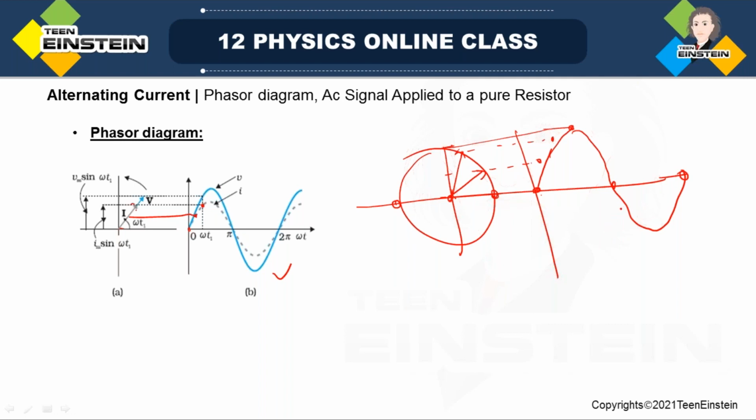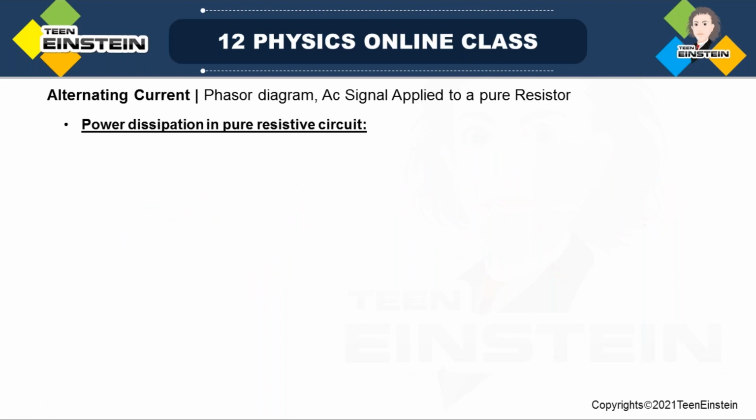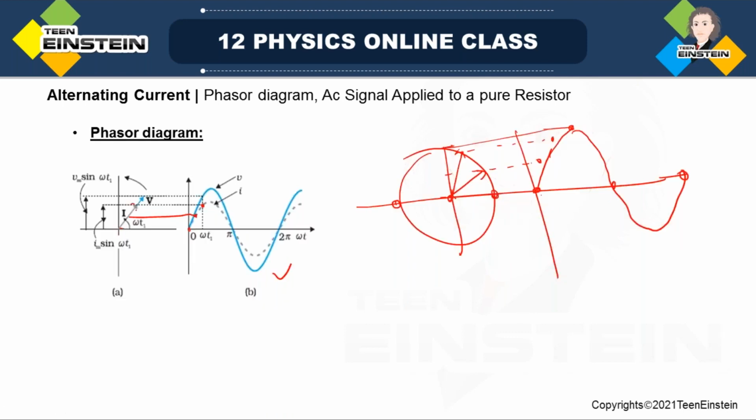Okay, I think you have understood how. Look, if you are asked to draw the phasor diagram for current and voltage when an AC signal is applied to a purely resistive circuit, then in the exam you have to draw in this way. Give some name, O to A. This will give you the EMF, and you have to draw on the same line another vector which is of lesser value than OA.